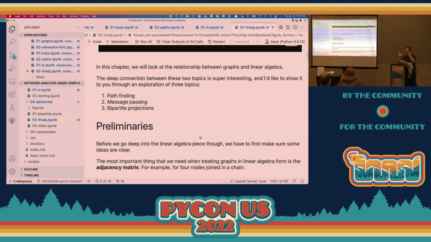If you have a bipartite graph, that is nodes that have 2 partitions that are never connected within each other and only connected across partitions, then you can create the projection of this bipartite graph, that is, how nodes of one partition are connected with each other based on their connections to the other partition. You can create that simply by doing linear algebra, all right? So let's go through the first one, which is pathfinding.